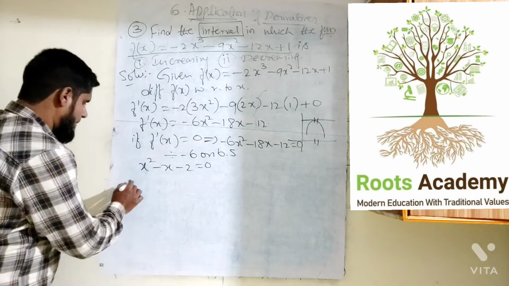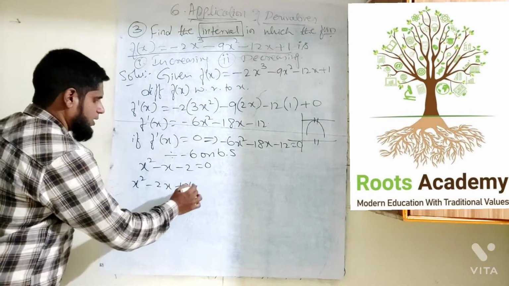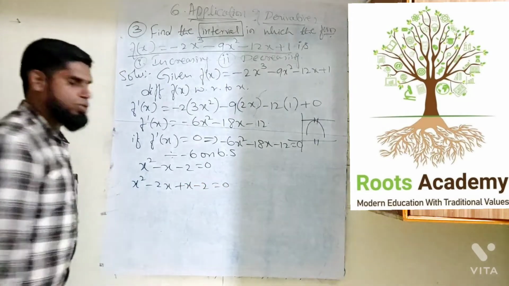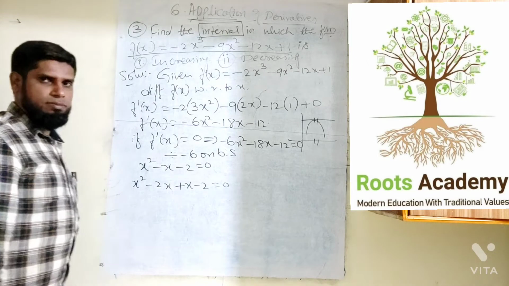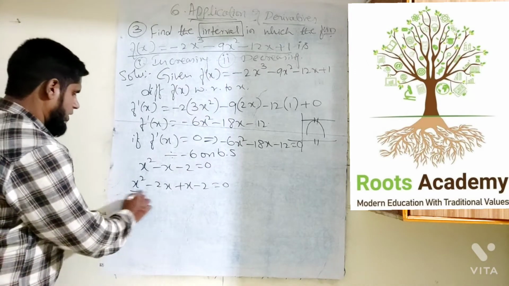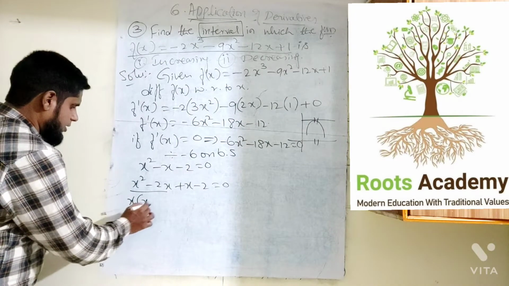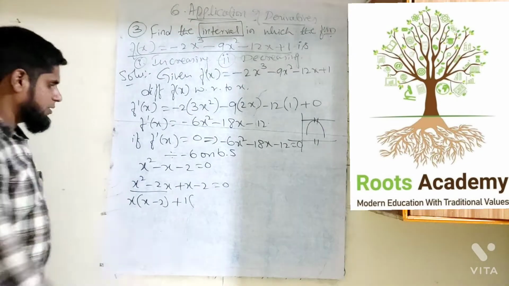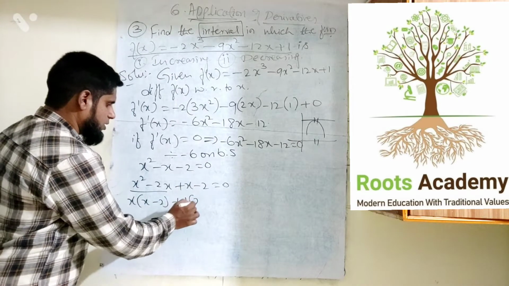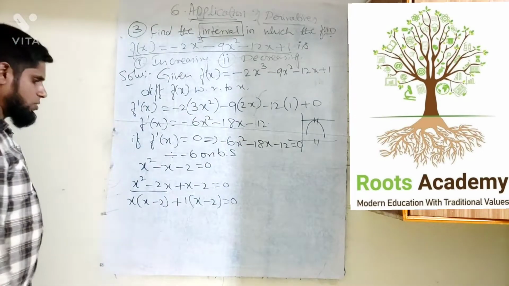The numbers are x square minus 2x plus x minus 2 as it is. So -2 and +1 are the two terms. Here I can take x common, then I will get x minus 2 here, plus 1 is common here. If I remove 1 from this, x as it is, minus 2 is equal to 0.